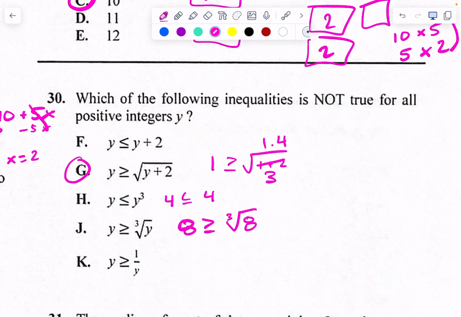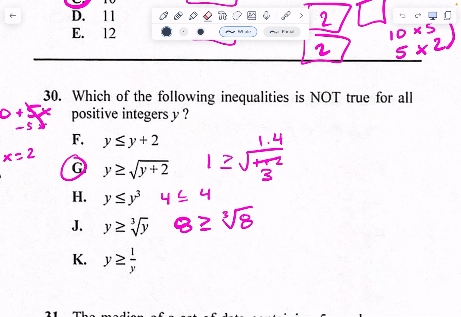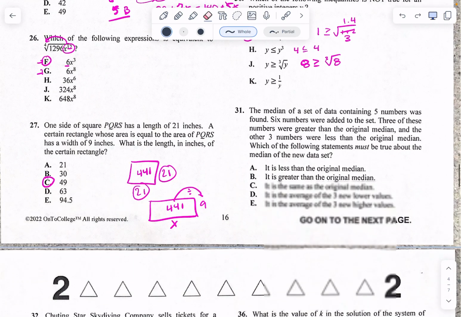So 1 is a positive integer, and so when you plug 1 in, it doesn't work. It would just have to be one counterexample. So it's true for most positive integers, but not all of them. And 1 is the exception.